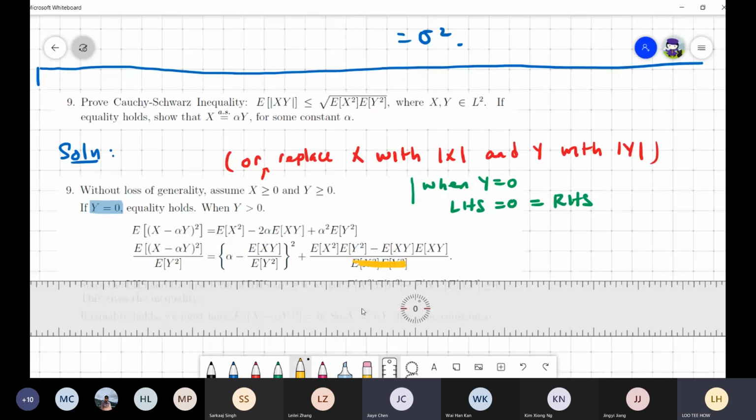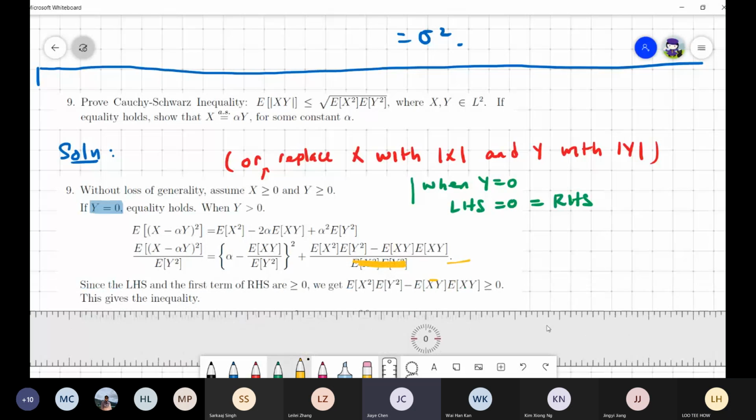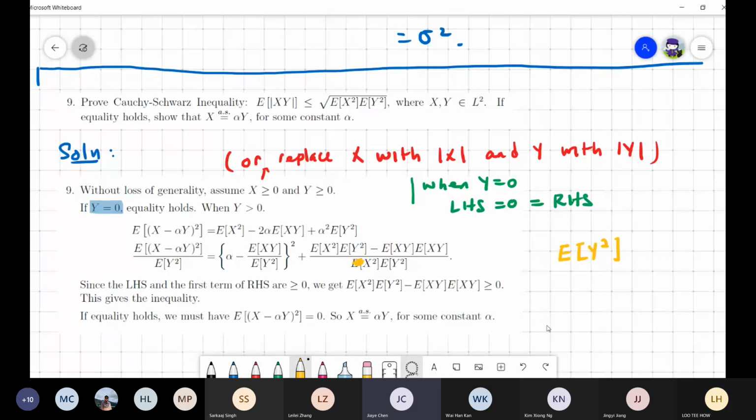So this is supposed to be E of Y squared, and this one is also supposed to be E of Y squared. Maybe add both, E of Y squared multiplying E of Y squared. Please make corrections.